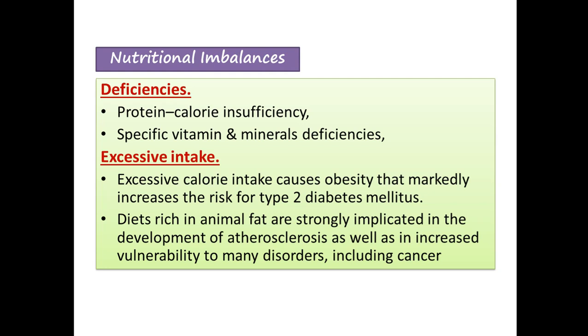When the calories are in excess, what will happen? In the liver, they will be converted into fats and stored in the body, and they will then cause problems. Now, diet rich in animal fat. We all know there is a strong association with excess animal fat, particularly in the case of atherosclerosis, which can lead to myocardial infarctions and certain types of cancers.